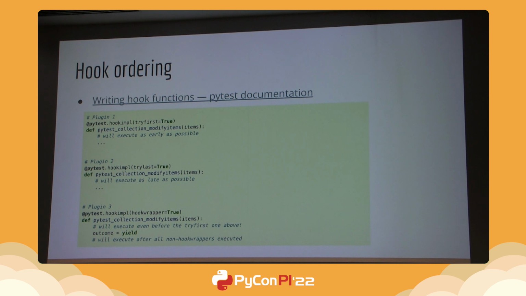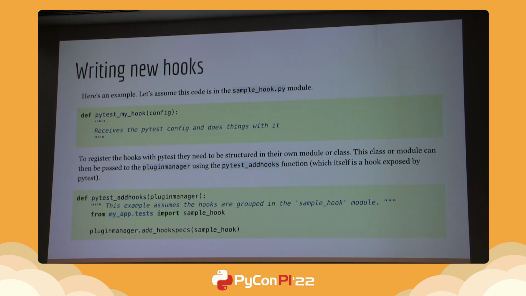Also, if you would like to do some stuff at the beginning and the end, it's also possible with this hook wrapper parameter. Yeah, we are not limited to existing hooks. We can also write new hooks and add them to Pytest, and it will work.